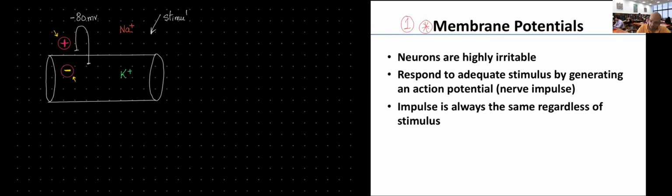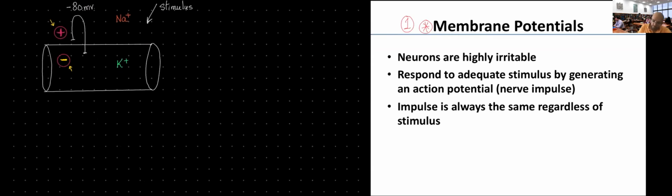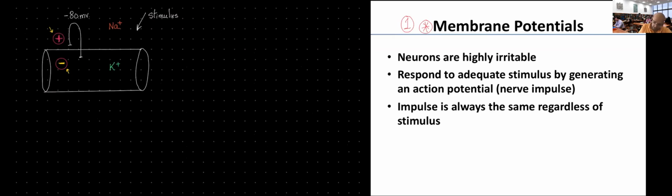And the minimal stimulus, if you remember, is called the threshold stimulus. If I've got a threshold stimulus that triggered this cell to send an electrical impulse, this cell is going to open enough sodium channels.